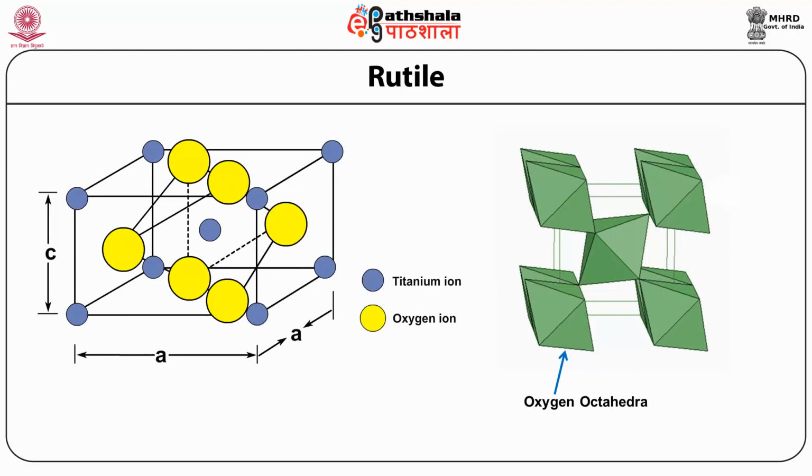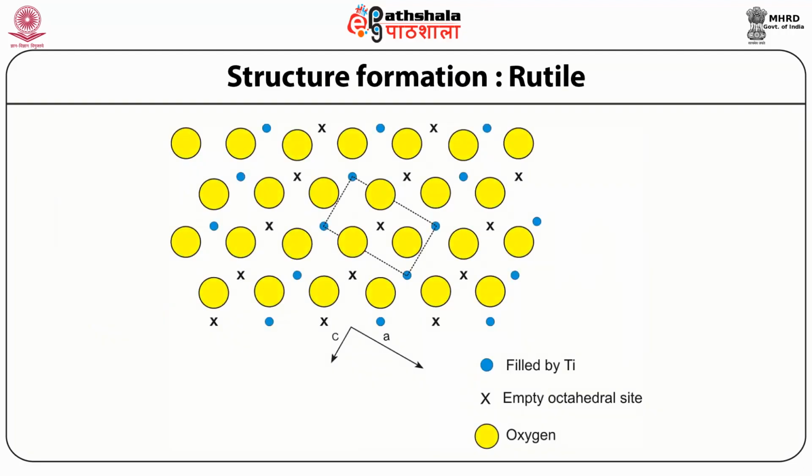this phase. Now let us see the structure formation for the rutile structure. You can see the titanium and oxygen ions arrangement where the small blue circle corresponds to titanium, yellow corresponds to oxygen, and crosses correspond to empty octahedral sites.